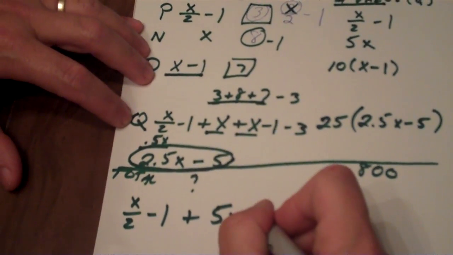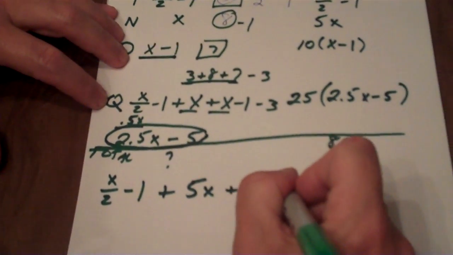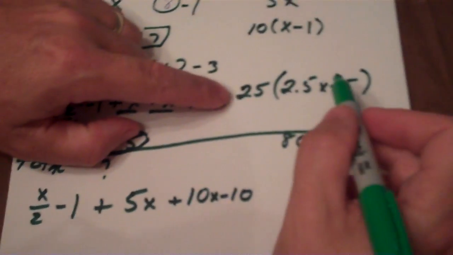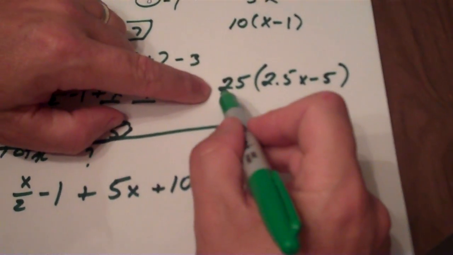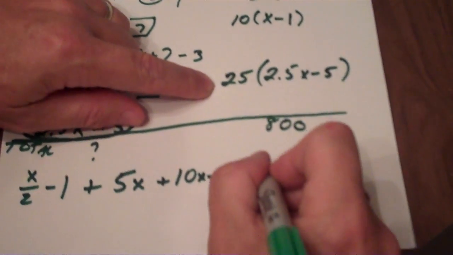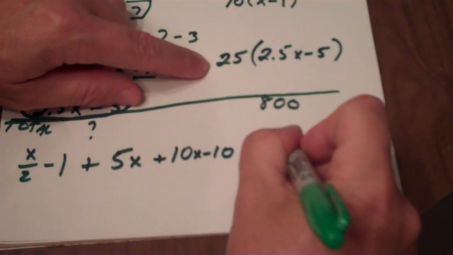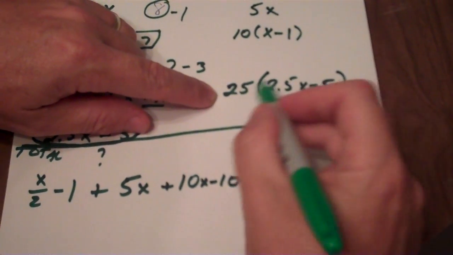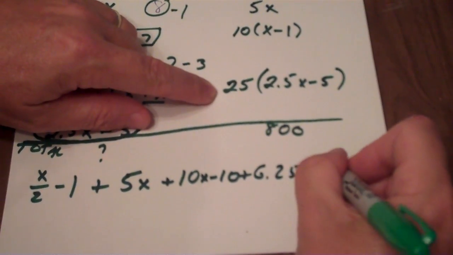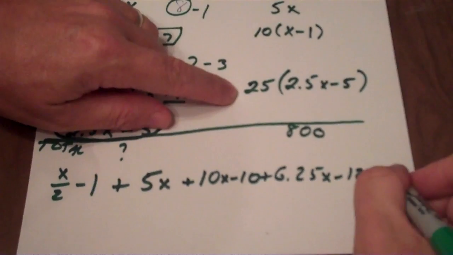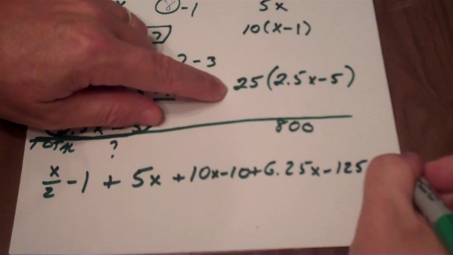So I'll just put my dimes down as 10x minus 10. And finally, I'm going to play the same trick here with my 25. I'm going to go ahead and distribute. 25 times 2.5 is 6.25x, and of course that would be positive. Minus 5 times 25 would be minus 125, and the value of all those coins added together has to equal 800.